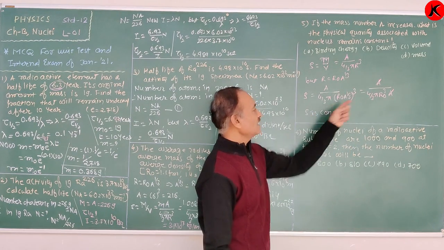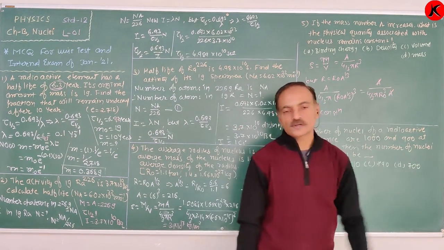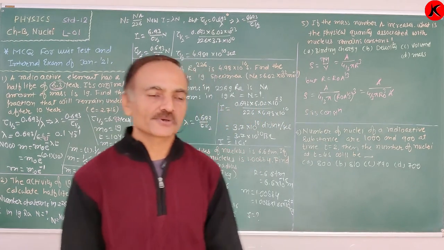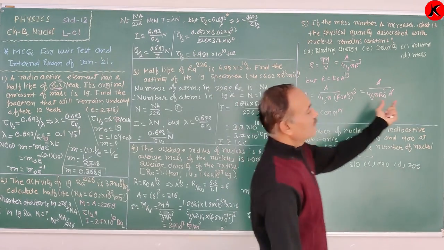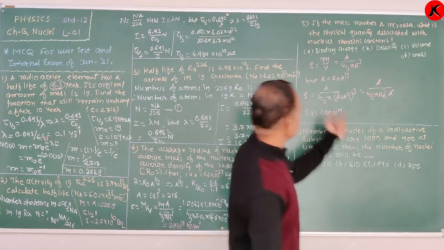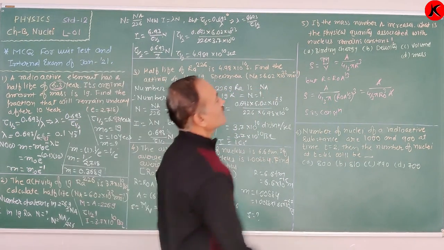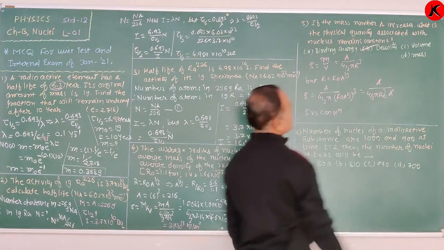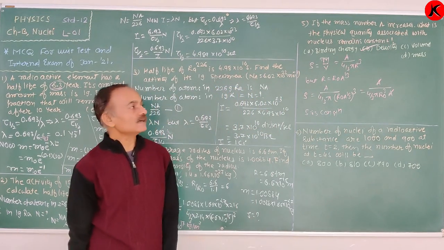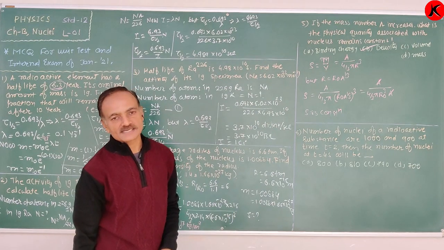So A cancels. Therefore, rho is equal to 1 upon 4 by 3 pi R0 cube. R0 is 1.1 Fermi, that is constant. Therefore, density is also constant. So density remains constant in the nucleus as the atomic mass number increases.